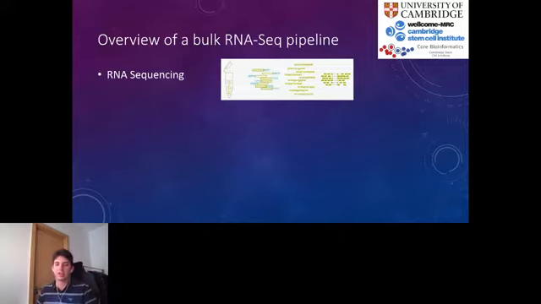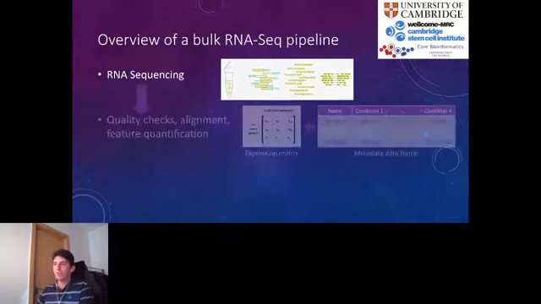DNA and RNA consist of bases, ATCG or AUCG for RNA, and you do that experiment and you end up with these really big files called FASTQ files, where each line represents a read, about 100 base pairs in length, and you have these huge files of like 5-10 gigabytes each with just reads.